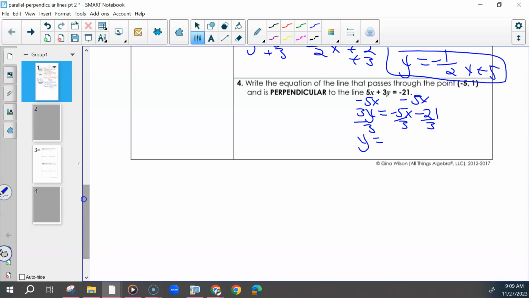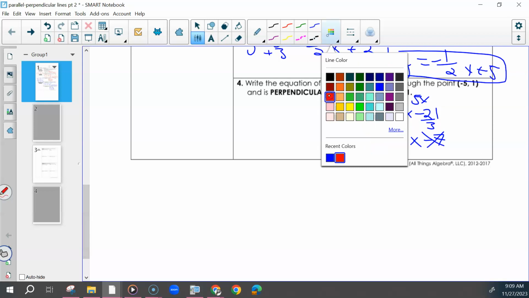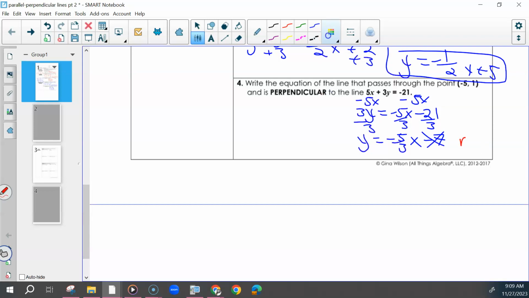So that y equals -5/3x minus 7. Cross out the 7, you don't need it. We have to find the slope that is perpendicular to this one.